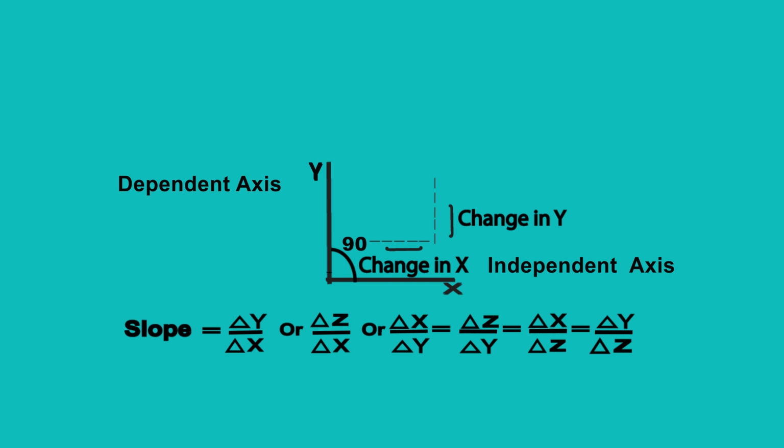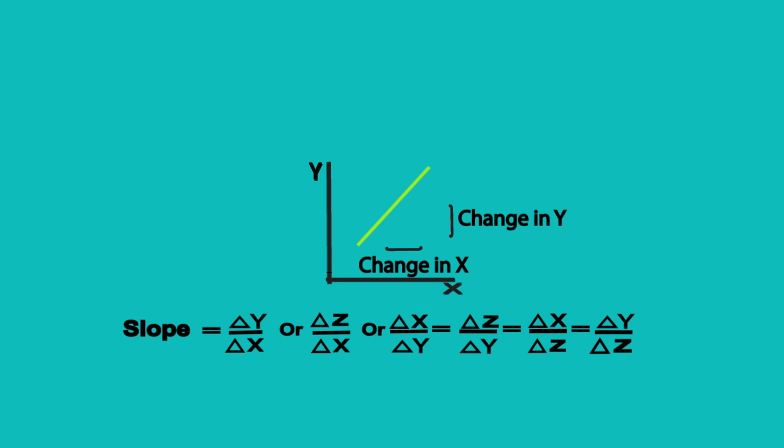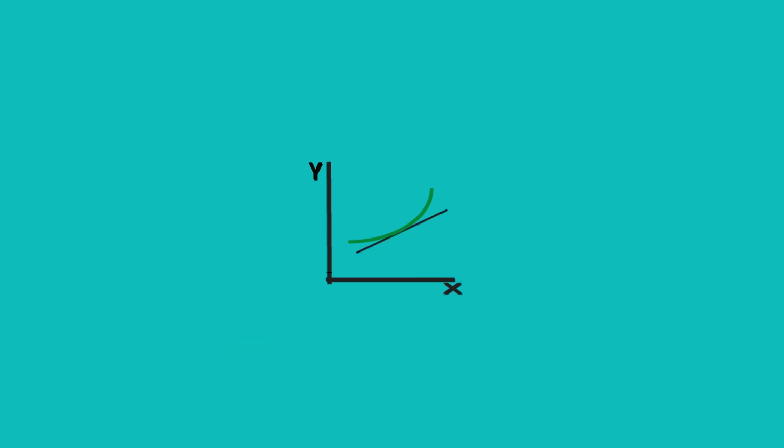The value of slope can be fixed or variable. If the value of slope is constant, it will generate a straight line plot. If the value of gradient or slope is variable, then it will generate a curved line, and the slope will be calculated from the tangent to the point on the curved line, and its point-to-point value will be different.